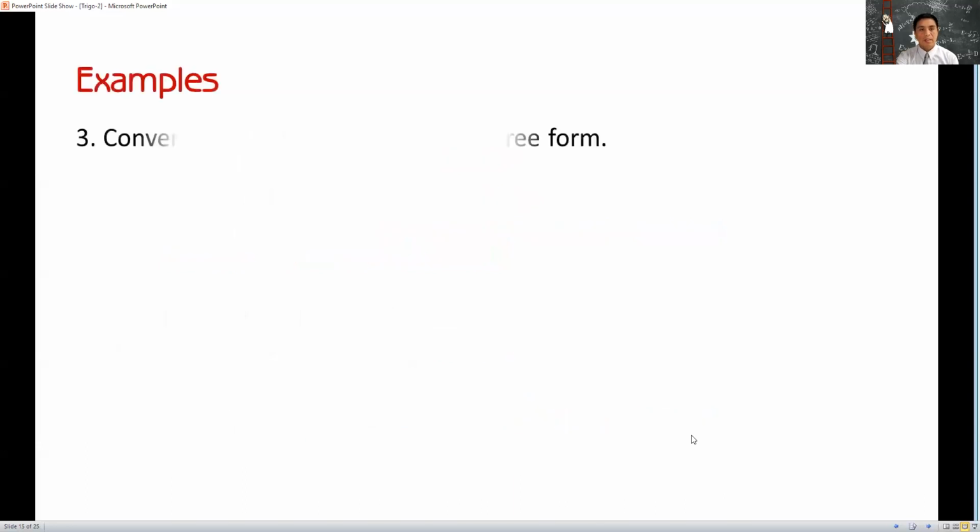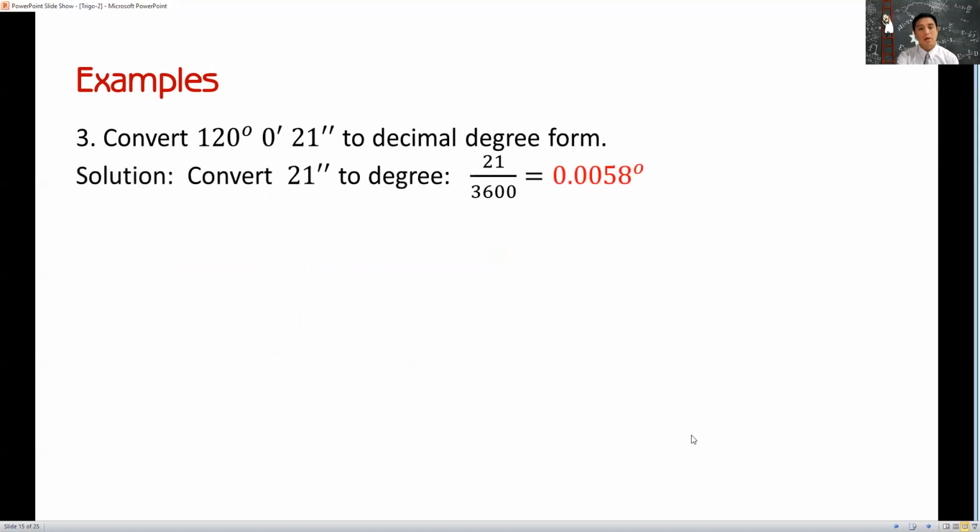Okay. Third example, convert 120 degrees, 0 minutes, 21 seconds. So we will only convert here the 21 seconds. There is no minute value, it's 0. So 21 will be divided by 3,600, and that's 0.0058.